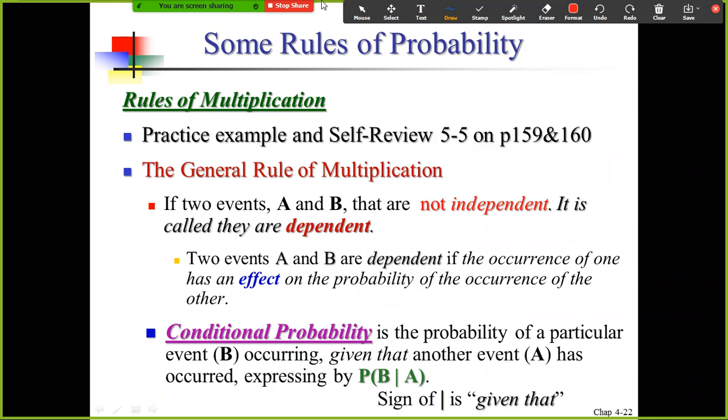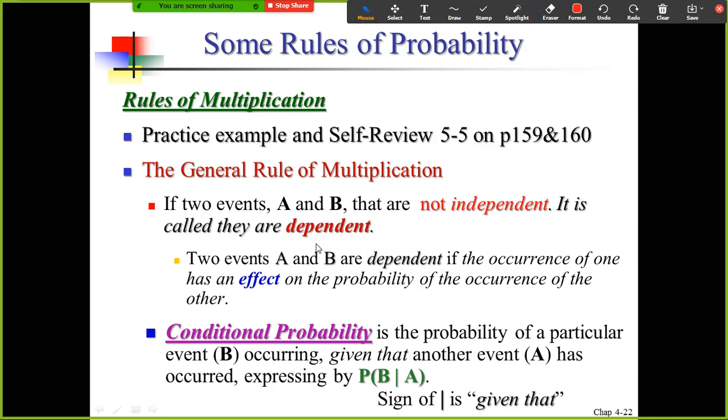Conditional probability refers to the probability of one event happening, which depends on, or is under the condition of, or given that, the other.